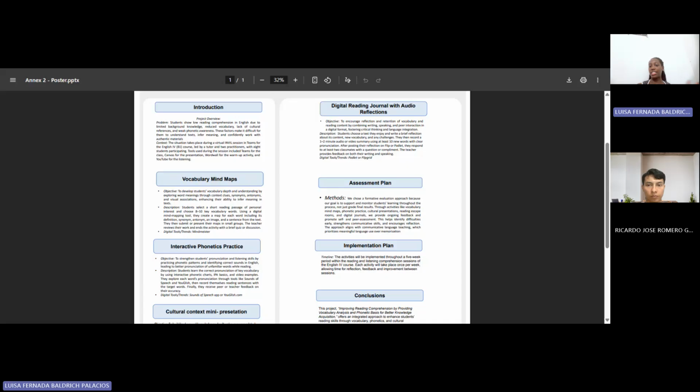I also realized that small actions, such as designing activities, choosing appropriate tools, or applying inclusive strategies, can make a significant difference in students' learning experience.